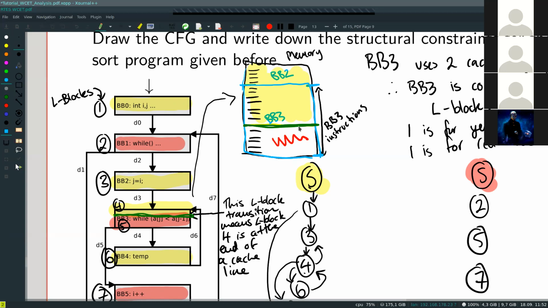So when it's loaded, the code for L block 3 here could potentially be here, which is in cache, which means that we could potentially get a hit here.